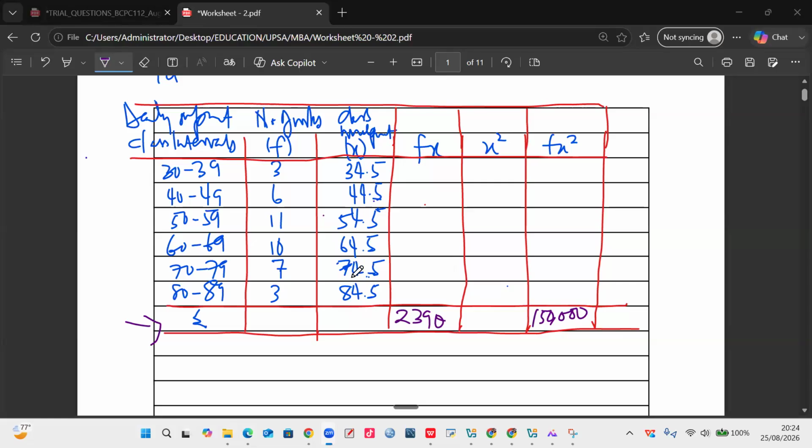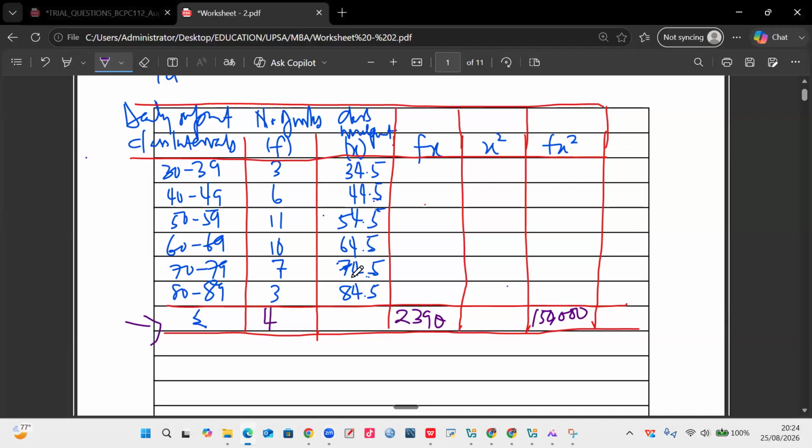Okay, so number 1 is N. Press number 1 for N. We are looking for the value of N. When you press number 1, press equals afterwards. What do we see? 40. The N here is representing the F, the frequency total.